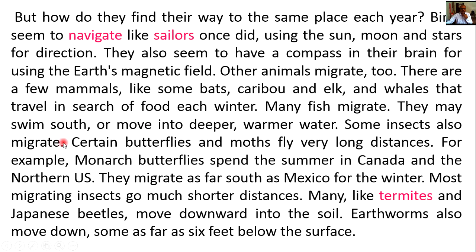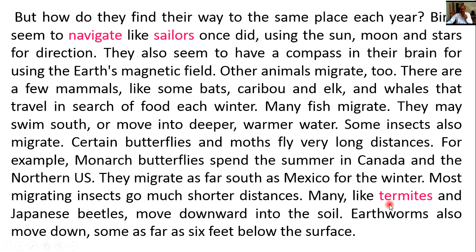Some insects also migrate. Certain butterflies and moths fly very long distances. For example, monarch butterflies spend the summer in Canada and the northern US. They migrate as far south as Mexico for the winter. Most migrating insects go much shorter distances.